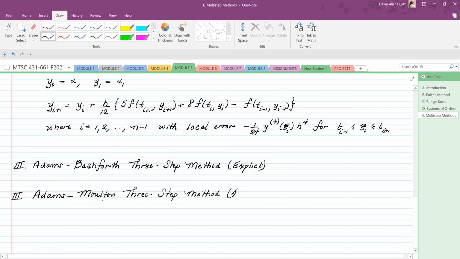This is implicit. Okay. Adams-Bashforth, four-step.